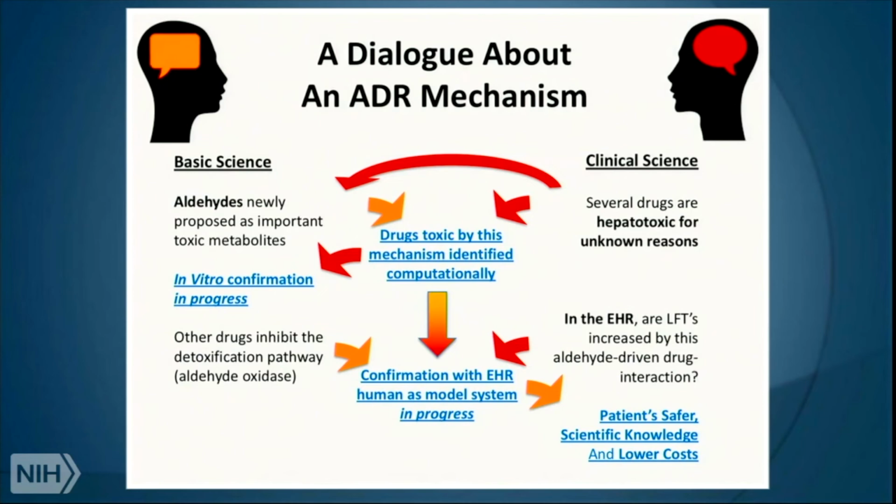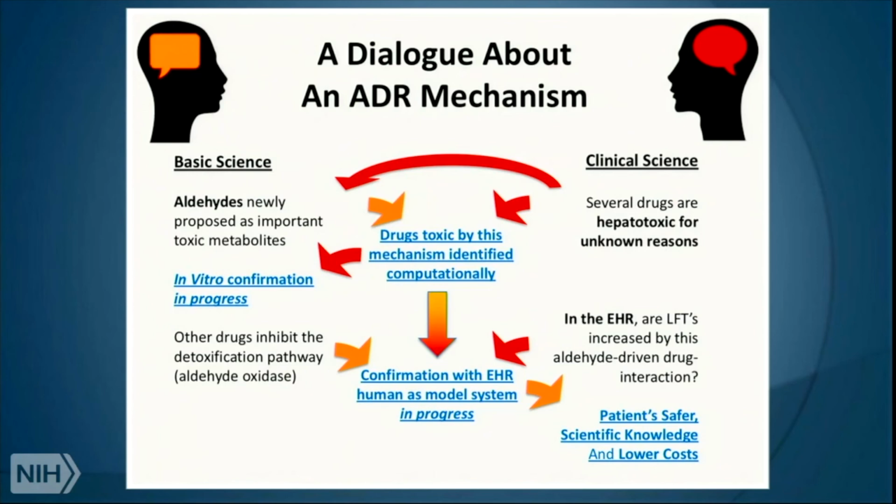But we also find that there is a large number of drugs on the market, commonly prescribed to patients, that inhibit that pathway. So one possibility is that part of the pattern that makes these drugs idiosyncratic is that it's not just that you have to be metabolizing and producing that aldehyde. You also have to be inhibiting your detoxification pathway somehow.